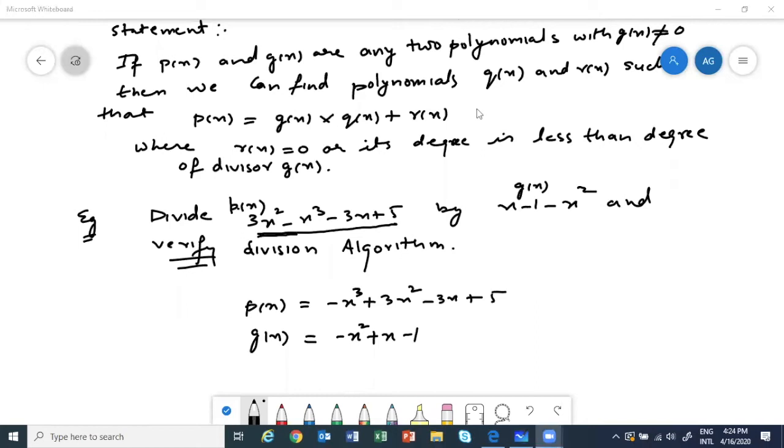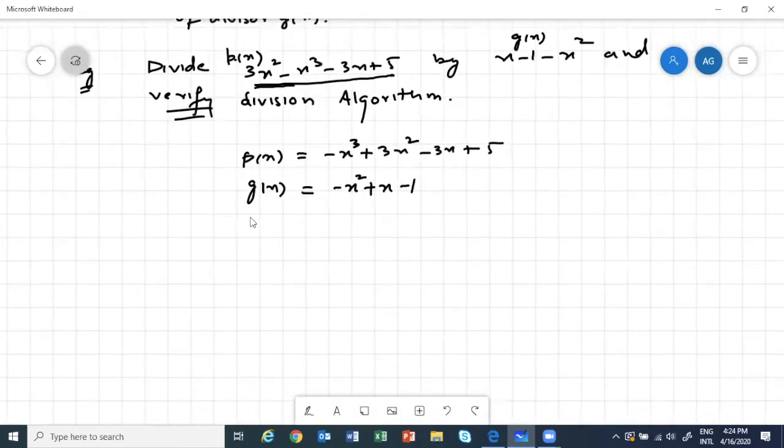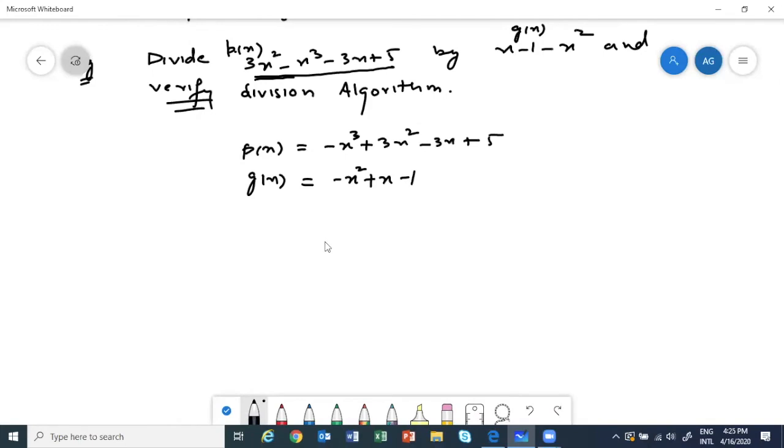Now we will divide. See this, in this question we are dividing by a quadratic polynomial. In the above two examples we divided by a linear one. So this is the difference in this question. So we'll divide now. We'll take minus x cube plus 3x square minus 3x plus 5, and we will divide by minus x square plus x minus 1.